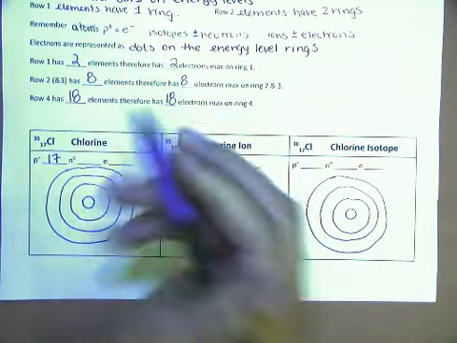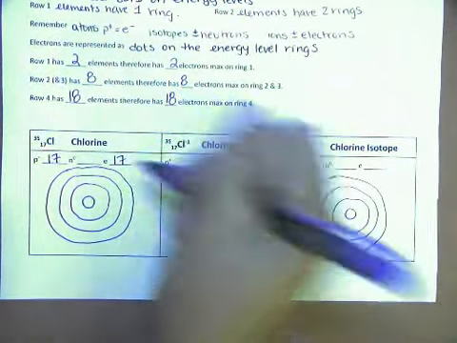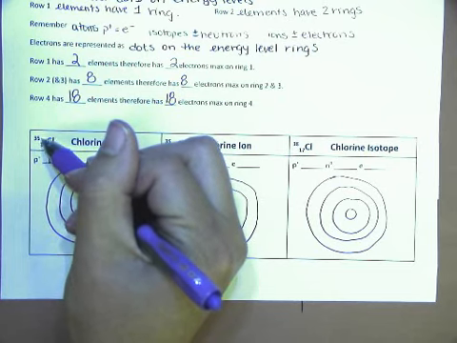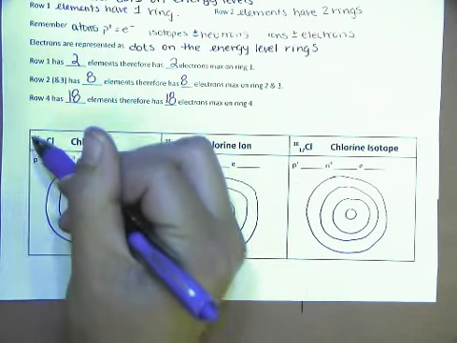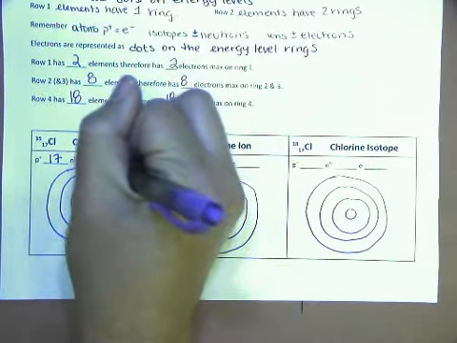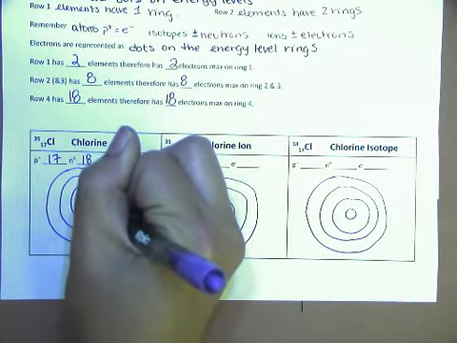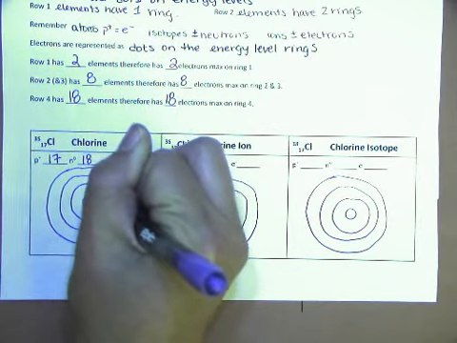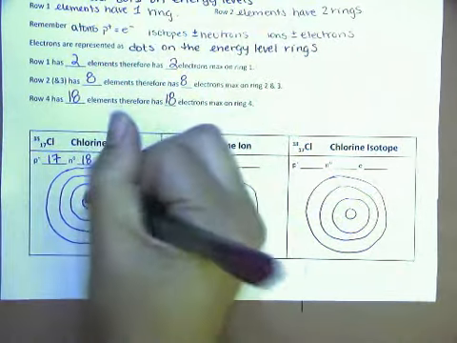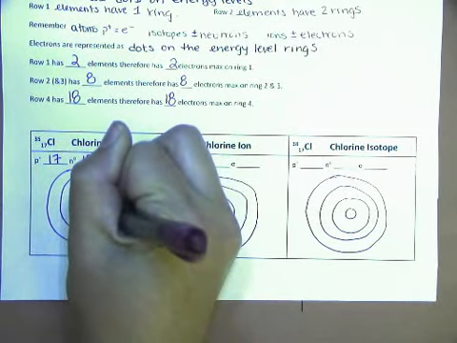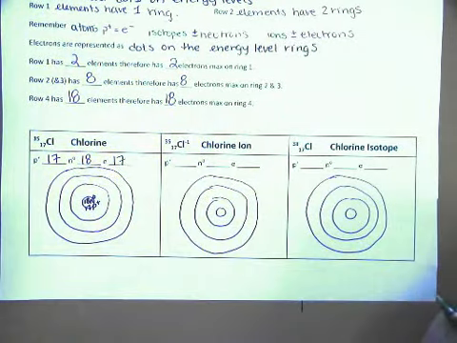I have no charge, so I also have 17 electrons. My neutrons are found by adding protons plus neutrons to make my mass number, so 35 minus 17 is 18 neutrons. So in my nucleus here, I have 18 neutrons, and I have 17 protons.